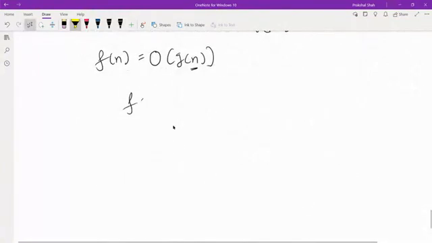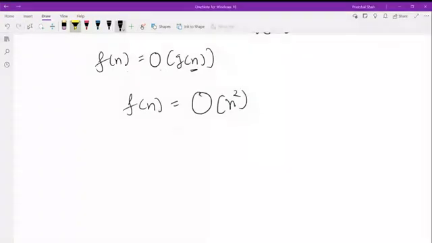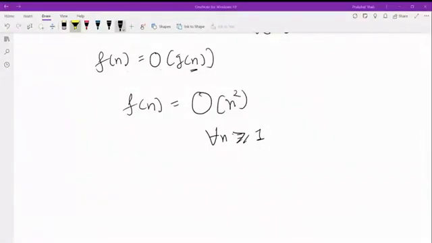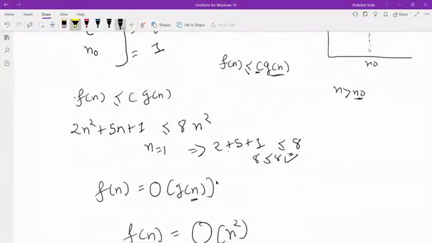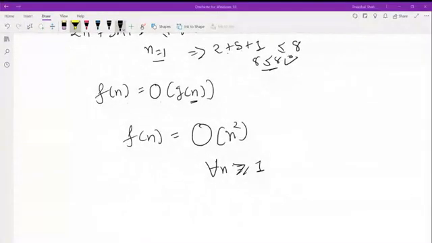So my f of n will follow big O of n square, where for all n greater than or equal to 1, my value would be true. Right? So it's true now, because for n equals 1 it's holding true. So for n equals 2, 3, 4 also it will hold true. So this will be my closest bound here.